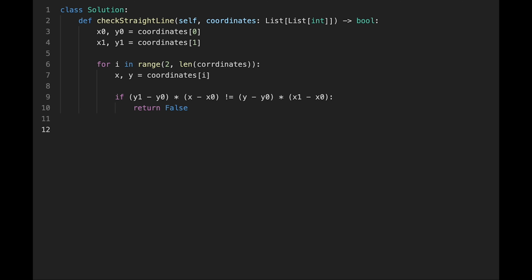And then after finishing the for loop, it means that all points are on the straight line, so that's why we should return true.